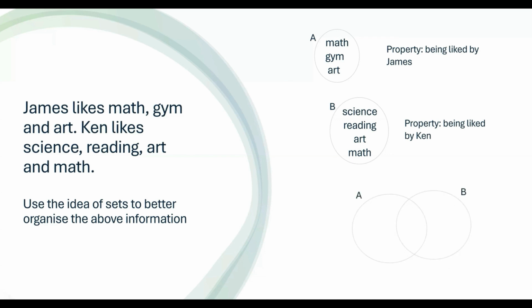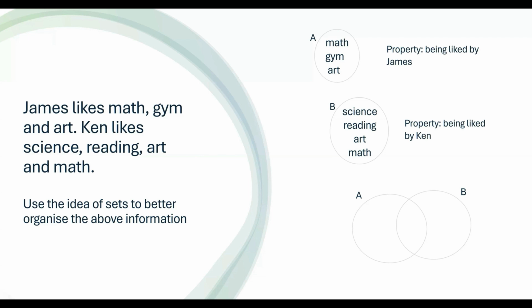Now, you can further process the information and organize further. For example, you can see that James and Ken do some subjects together: math and art. So you can actually show the intersection, the overlapping between the two.